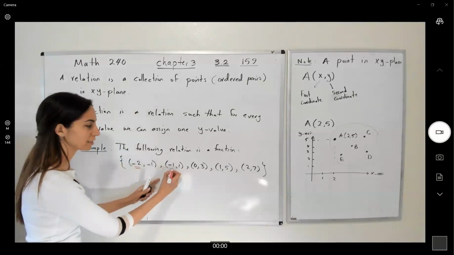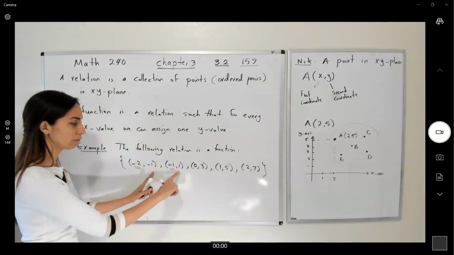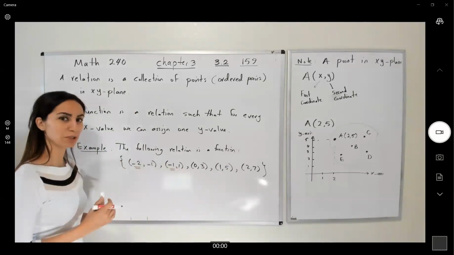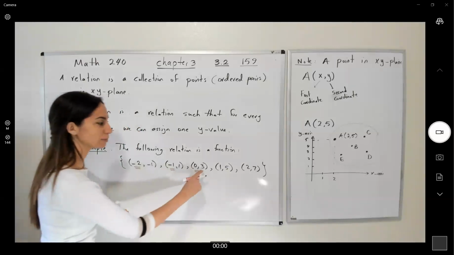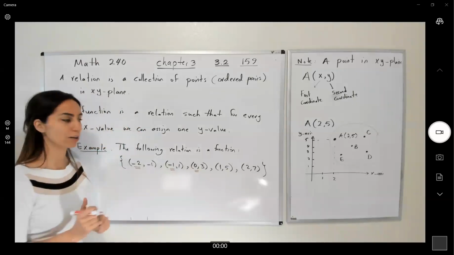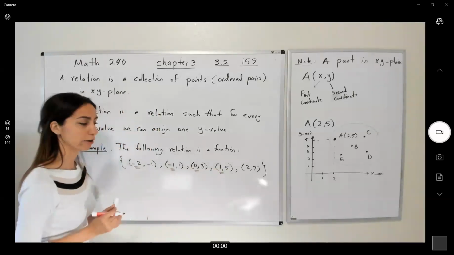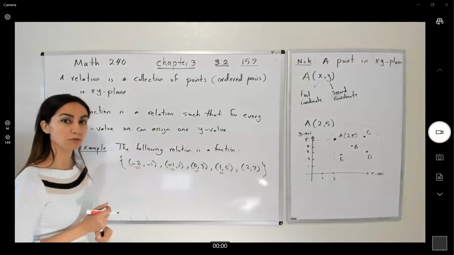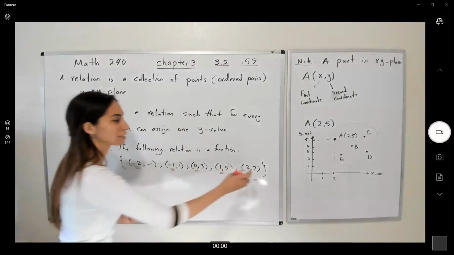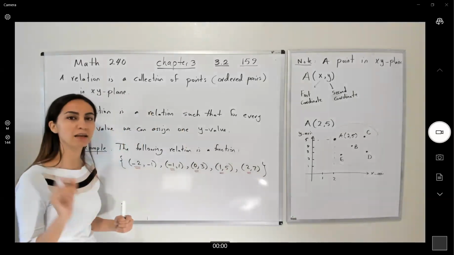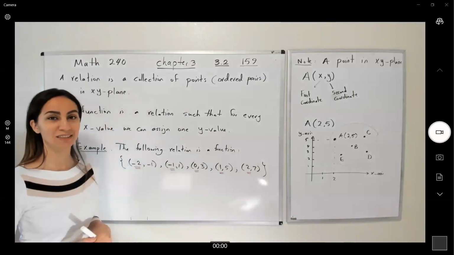To each x value, -1, you assign one y value, which is different from the previous one. For each x value, you have specifically one y value. If your x is 1, your y is 5, which is different from the rest of the y's. To each x, 2, you assign just and exactly one y value, which is, in this case, 7.